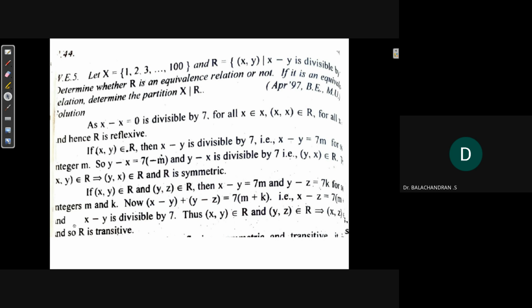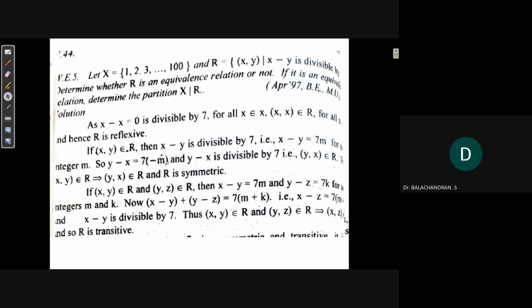Next is symmetry. Symmetry means if x is related to y, that implies x minus y is divisible by 7. Now you can write x minus y equal to 7 into m. So y minus x is equal to 7 into minus m.